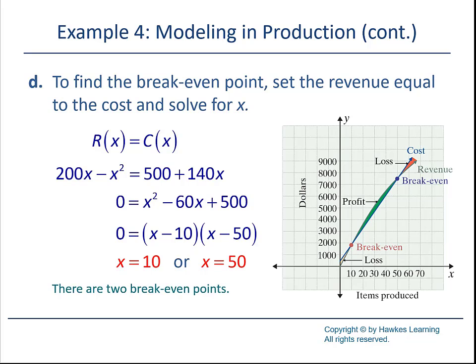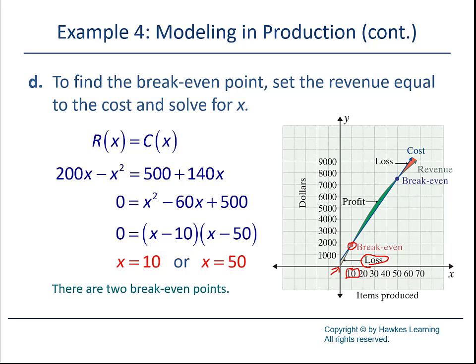Notice at the bottom, at the very beginning, when you're only making and selling, say, 5 or 6 units, you're actually losing money. When you get to 10 units, you're breaking even. You don't make any money, but you don't lose any money either.